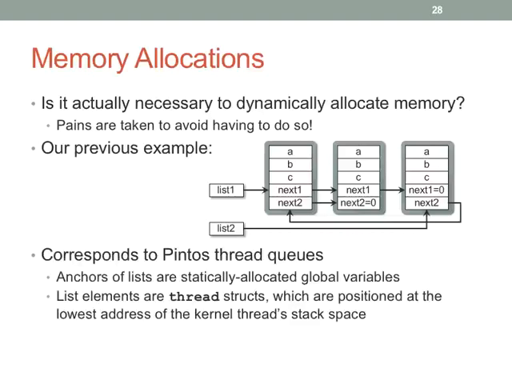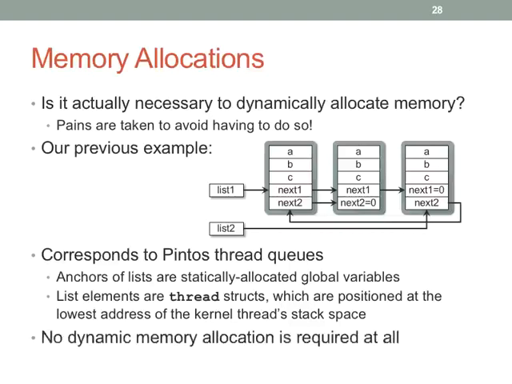You have the anchors of your lists statically declared in the C file so that you can just access them. And these data structures are actually at the bottom of the thread stacks so that we don't actually have to dynamically allocate them. We just put them in the space that we have to set aside anyway for the thread stack. So you actually end up with no dynamic memory allocation at all. This is the reason why we do this stuff, because we don't have those facilities and we wouldn't want them anyway.